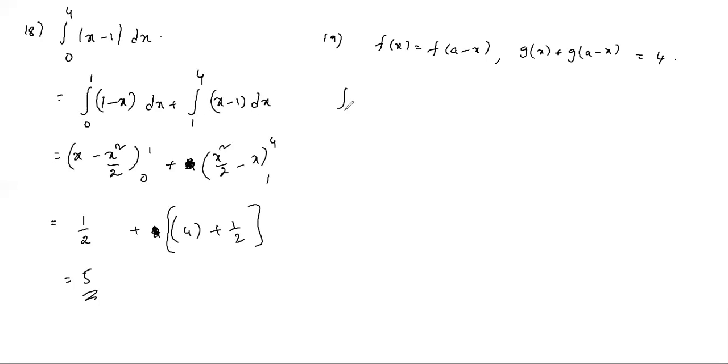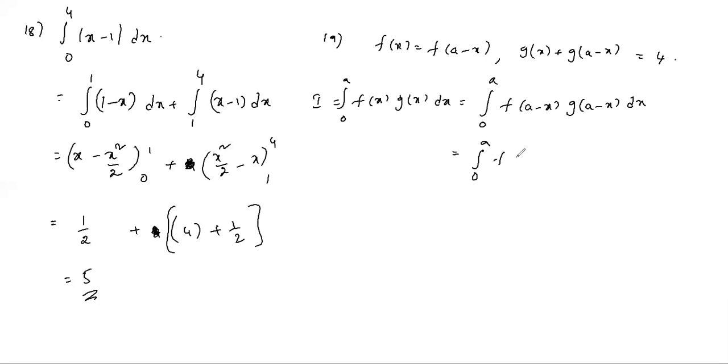So integral 0 to a of f of x g of x dx, let it be I. By the a minus x property, integral 0 to a of f of a minus x g of a minus x dx. But f of a minus x is f of x, as given. And g of a minus x from this is 4 minus g of x dx.